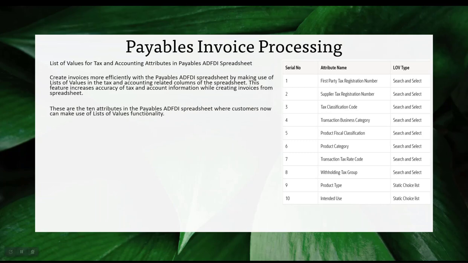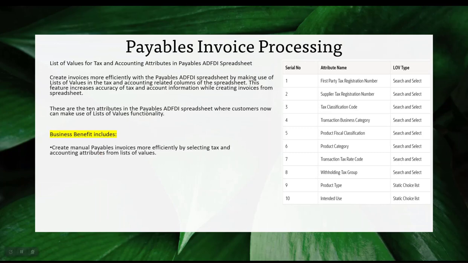These are the 10 attributes in the payables ADFDI spreadsheet where customers can now make use of list of values functionality. As you see here: first party, supplier tax registration number, tax classification code, transaction business category, product, transaction tax rate, withholding, product, and intended use.